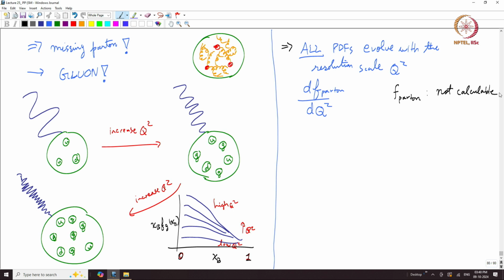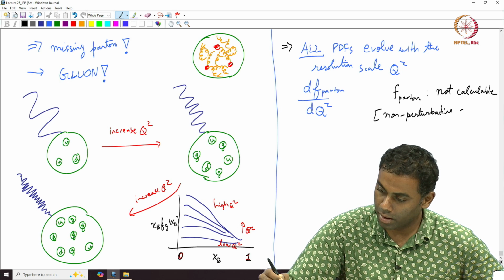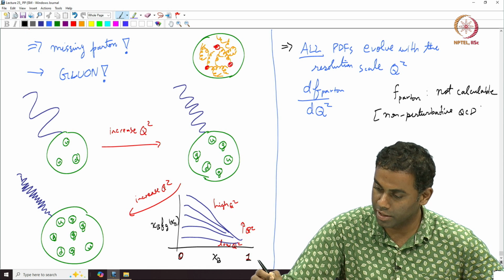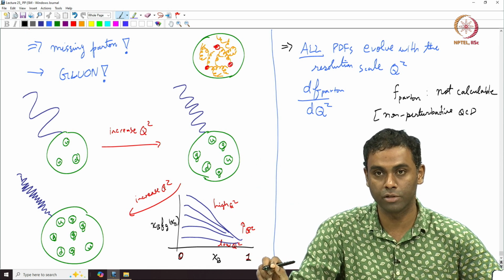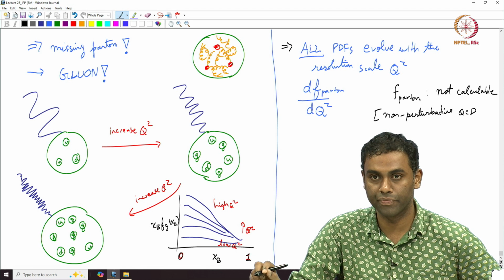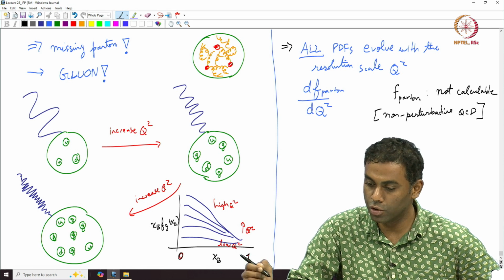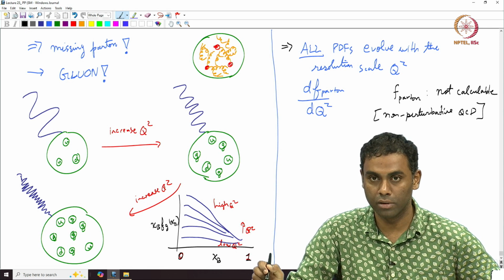Okay. Why is that? Because this is in the regime of non-perturbative QCD. QCD has a large coupling constant, right. So, you can't really do perturbative expansions, no Feynman diagrams and so on. Okay. So, this is not calculable.